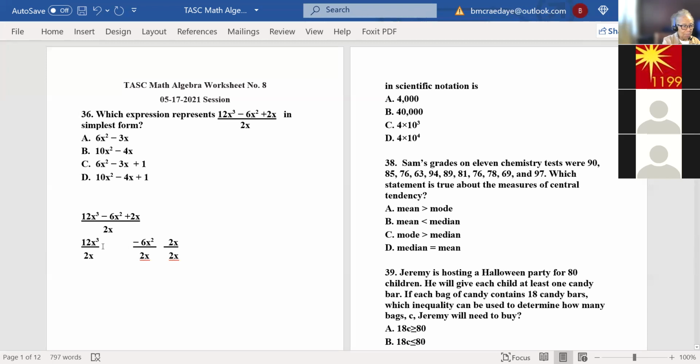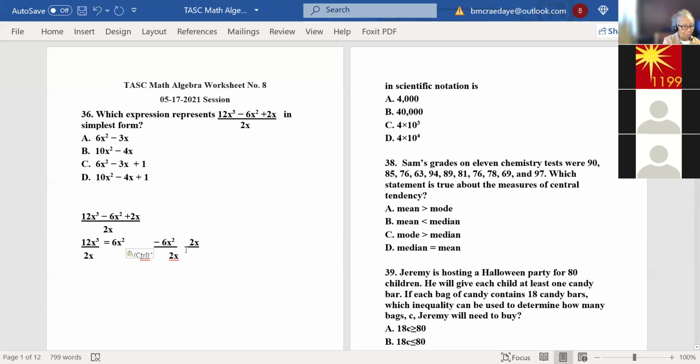So what would this be equal to? 6x to the second power. Okay, 6x to the second. Let's copy this. So let's just put that there.